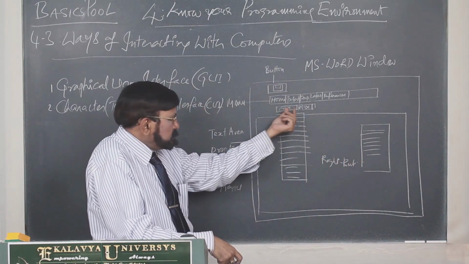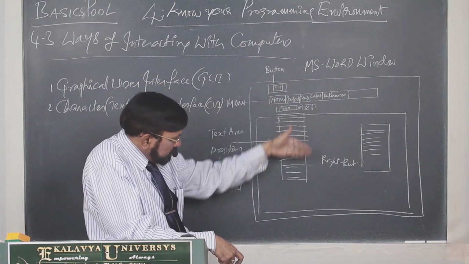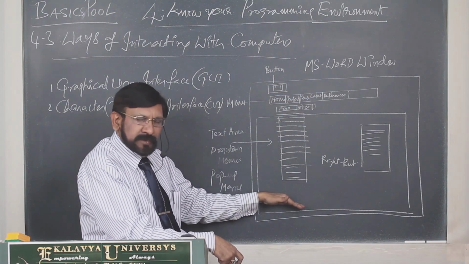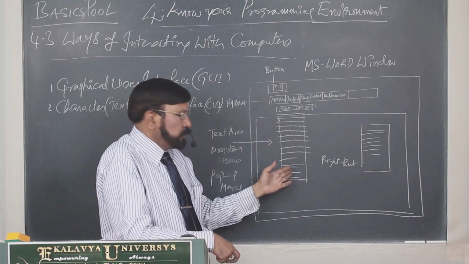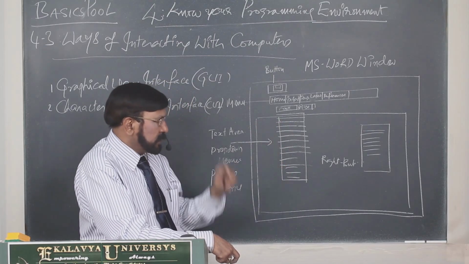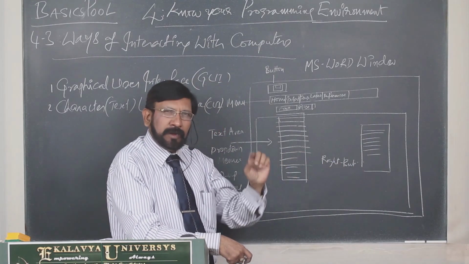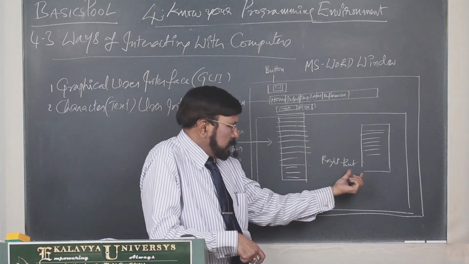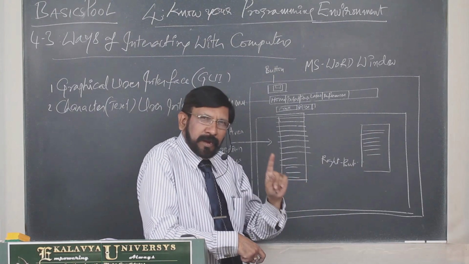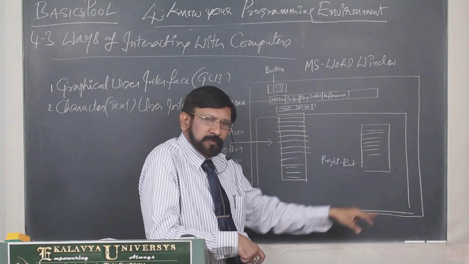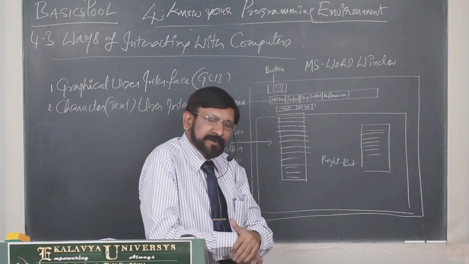Drop down menu means whenever you press a button, a pull down menu comes. It consists of a number of options. Out of that, whatever you require, you can choose by clicking on it. Pop-up menu means if you put your mouse cursor in the window and press anywhere, one menu opens which is relevant for that context.